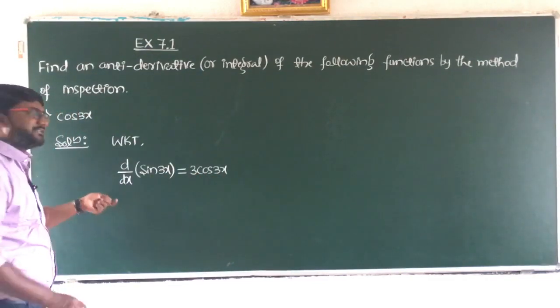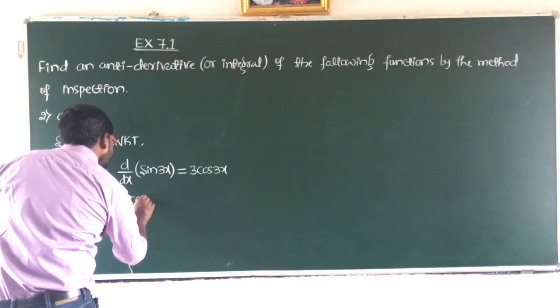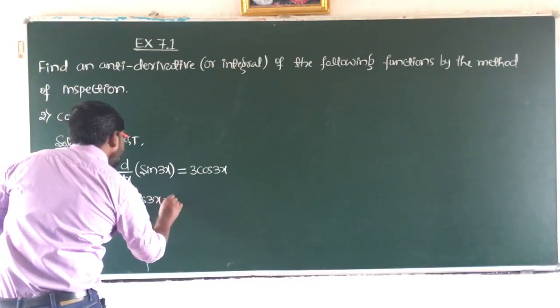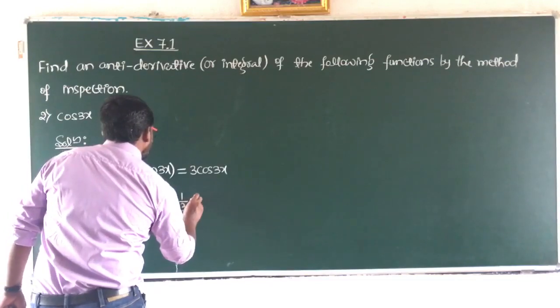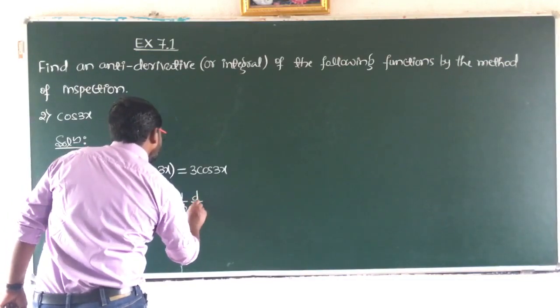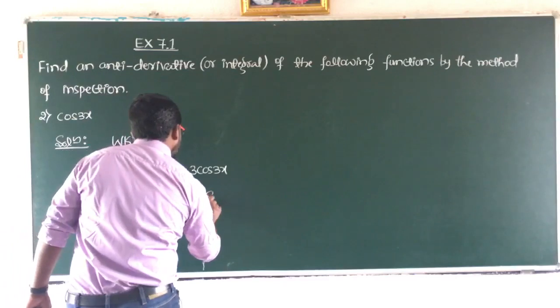It becomes 1 by 3 cos 3x, which is equal to 1 by 3 into d by dx of sin 3x.